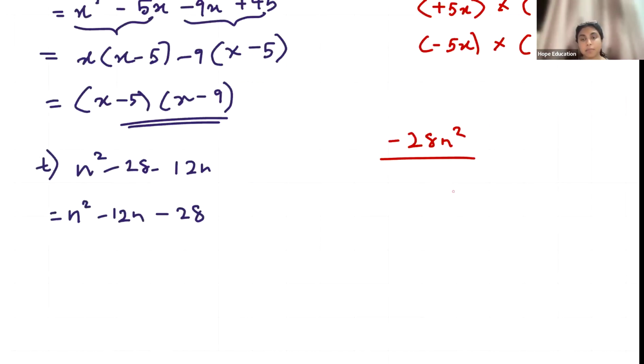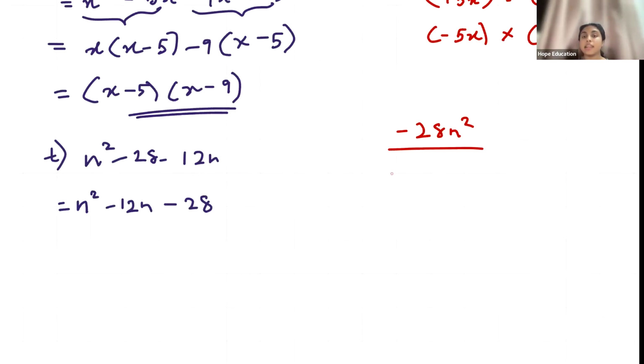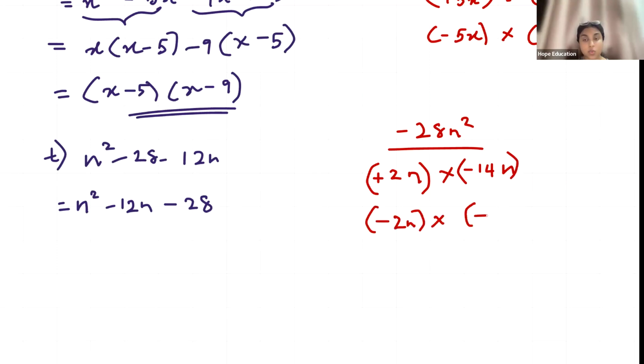So 2n multiplied by 14n, we get 28n squared. Look at the sign. We get minus when we multiply different signs. Either plus 2n multiplied by minus 14n or minus 2n multiplied by plus 14n. Both of these methods can produce minus 28n squared.